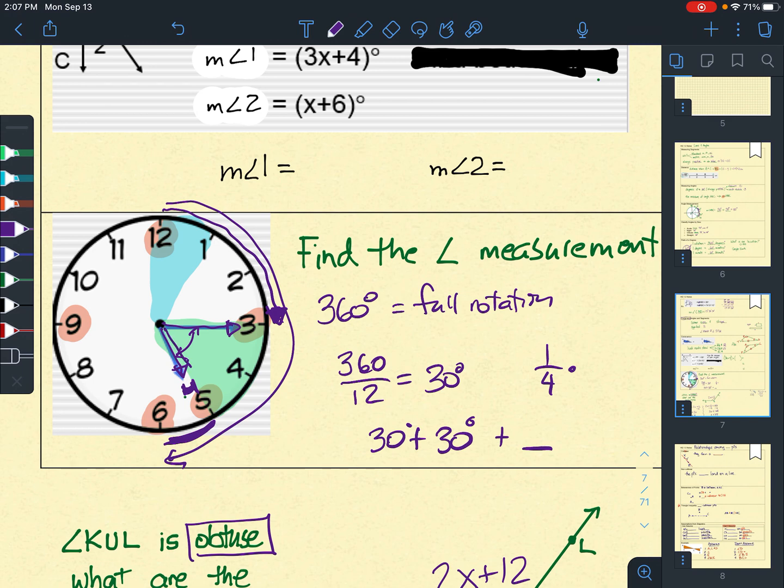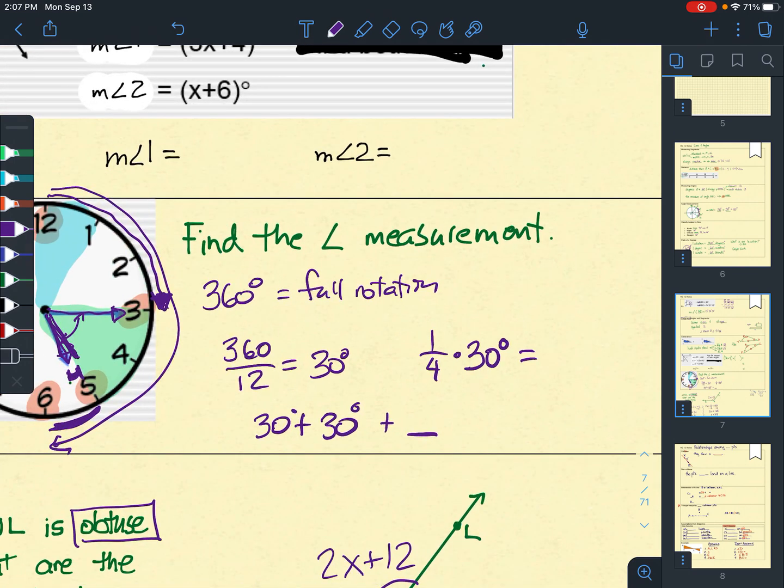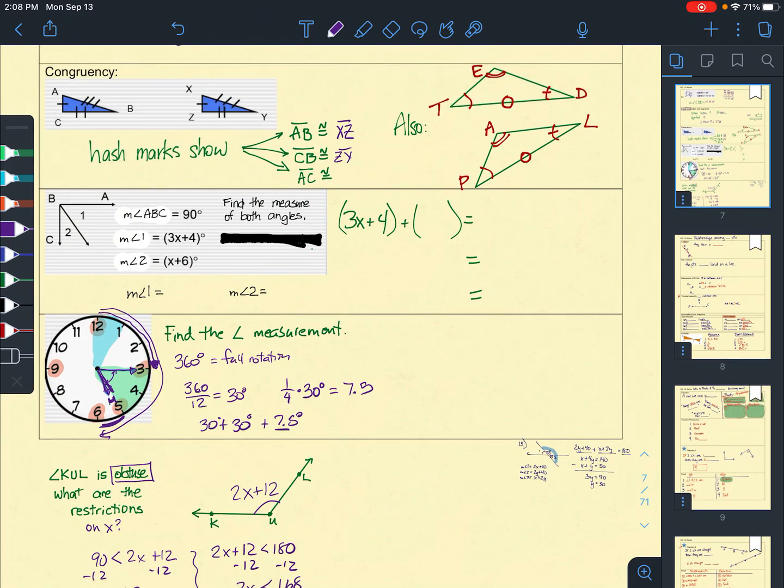Well, the hour hand has moved precisely 1/4 of the way. How do I know that? Because the minute hand moved 1/4 of the way, right? So as the hour hand moves from the 5 to the 6, it's going to move 1/4 of the way. So 1/4 times, how many degrees are there? 30. So 7.5. All right.